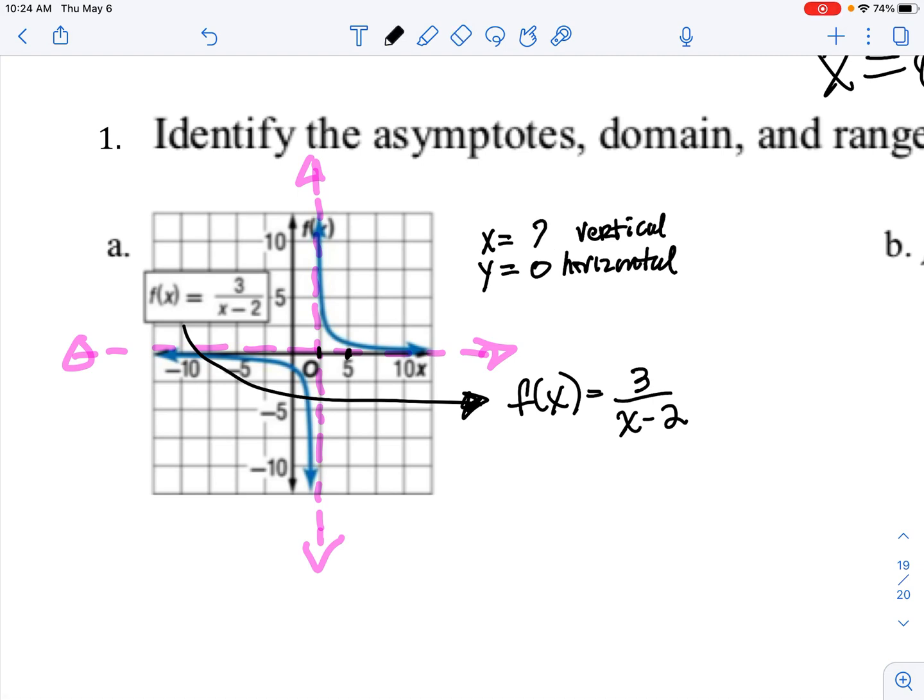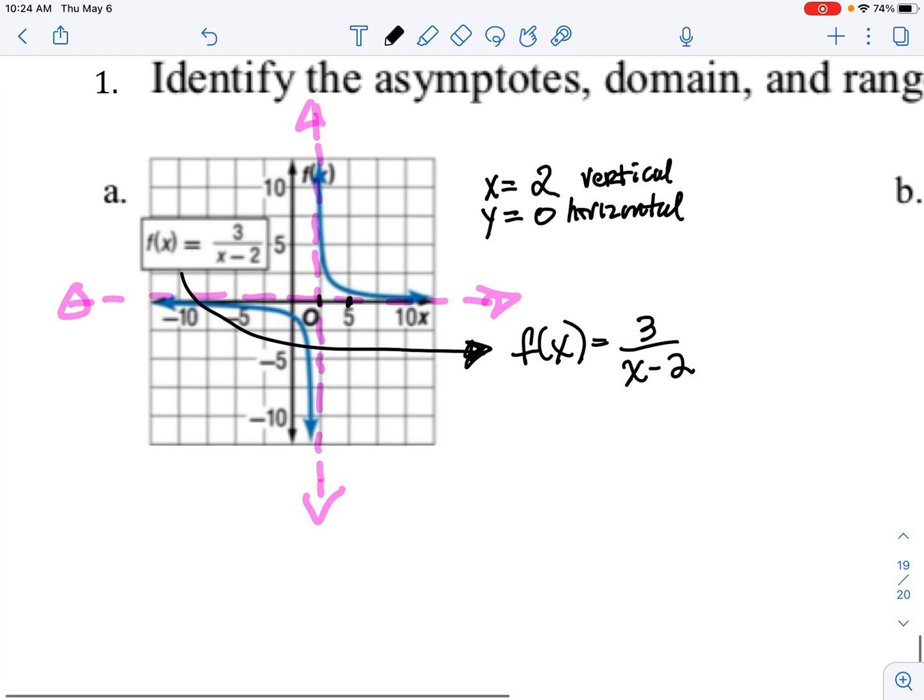And the reason I know that is because that's not in the domain, right? It just was, the appearance on the graph looked like it was at 2.5. But when I actually look at the function, I know that if I plug in 2 for x, it's going to make the denominator equal to 0, and therefore it is not in the domain.